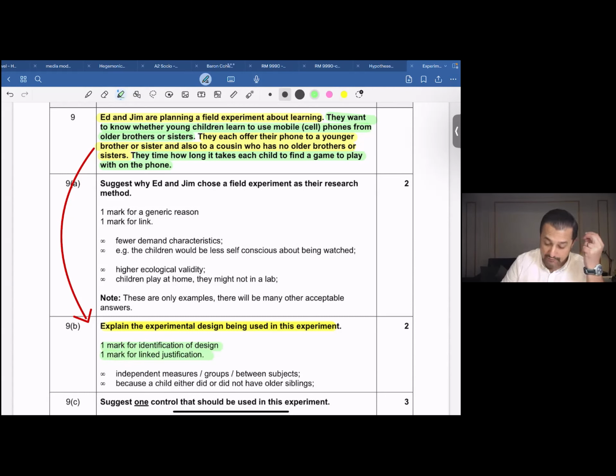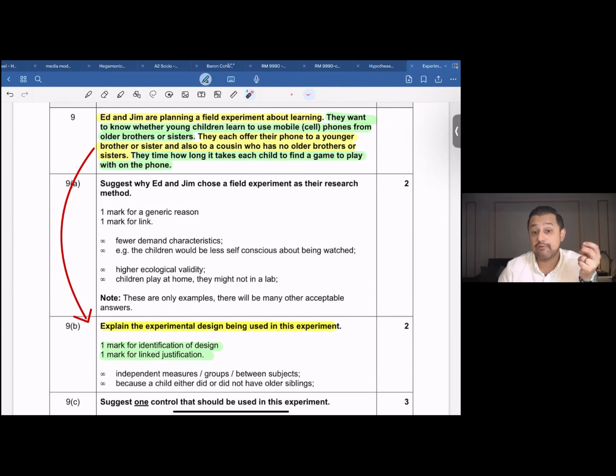Now, this is an example of an independent measures design. Why? Because the participants are not being repeated; we're talking about two different sets of participants here.